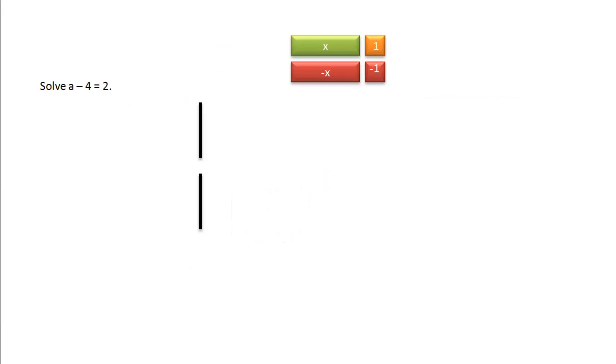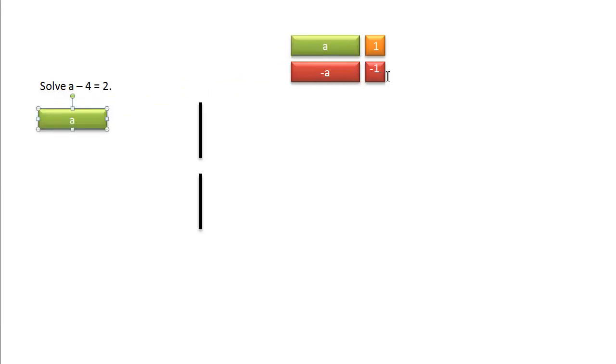For our next example, we're asked to solve a minus 4 equals 2. The nice thing about these electronic algebra tiles is that if we're now asked to solve for a, we can change the label of the tiles to be an a and a negative a. So if we're asked to solve a minus 4 equals 2, we go grab a positive a tile.